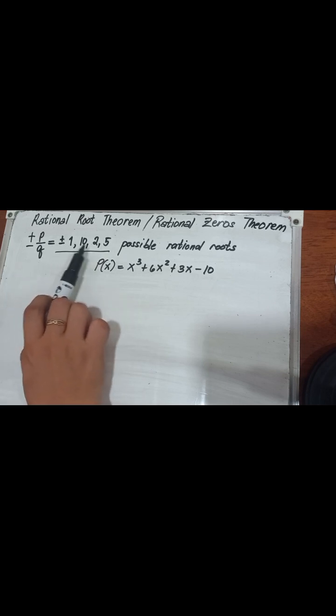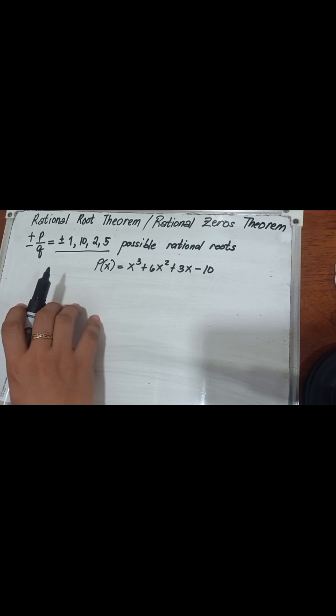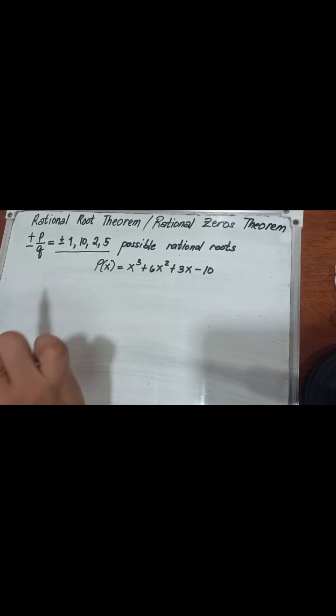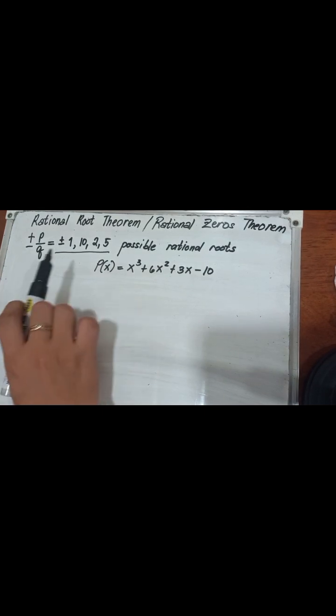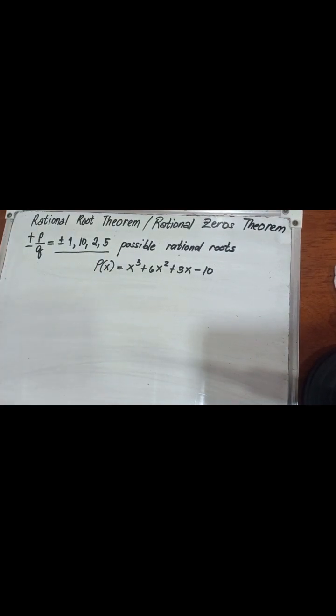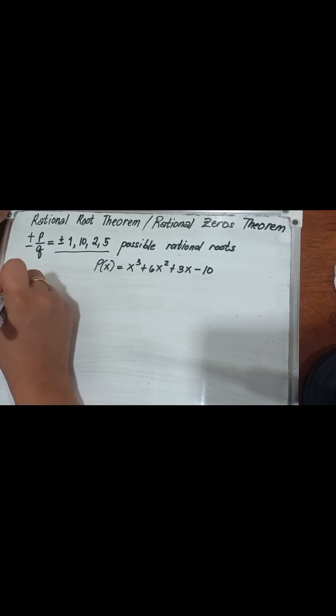We will test these values using synthetic division, and if any of these values gives us a zero remainder, then that value or that term is our root. So let us start with positive 1.